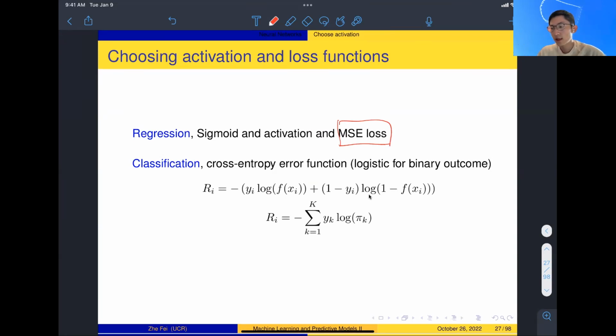And then for classification, people use the cross entropy error, which is essentially the logistic link generalized to more than two classes. So this is analogous to the logistic link function. And as I was saying, the most commonly used may be the ReLU or sigmoid activation in both cases.